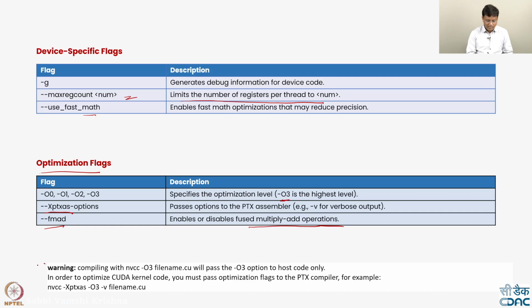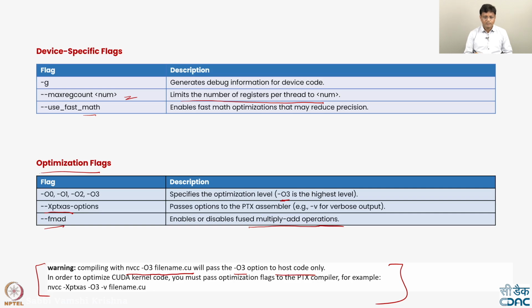There is also a warning I have mentioned here. Suppose you compile your file like this: nvcc -O3 -o with the .cu file name and the output file. In this case you have applied the highest level of optimization, and you want your code to be optimized at that level. But this optimization is going to optimize the code only for the host, not for the GPU.